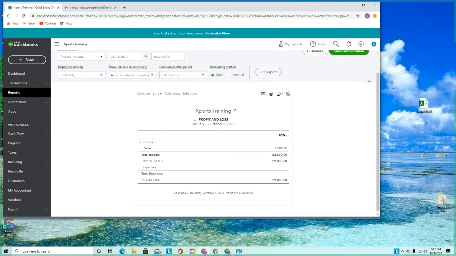So how to do it? You gotta go ahead and undo the transaction in banking, take it out of categorize and put it in for review.